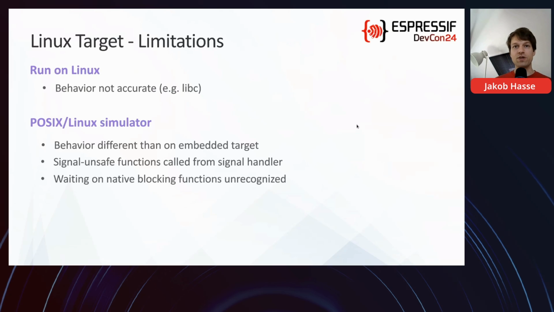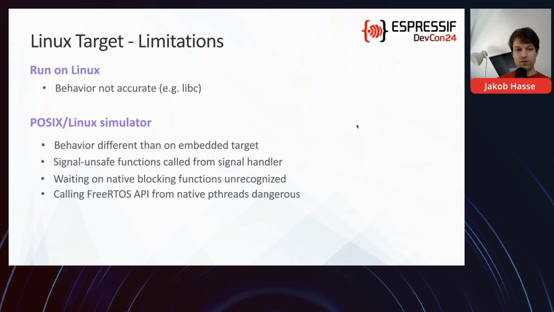So you can have a high priority task that is blocking a lot of time or most of the time on select, for example, and thereby stealing away runtime from all the other tasks. This is something you need to consider. It's also an issue because the POSIX Linux simulator always simulates single core behavior and never simulates any dual core behavior.